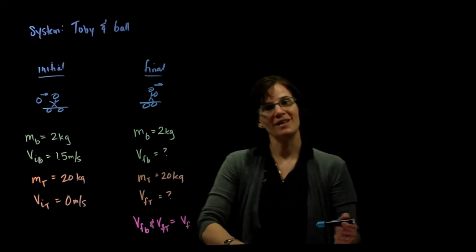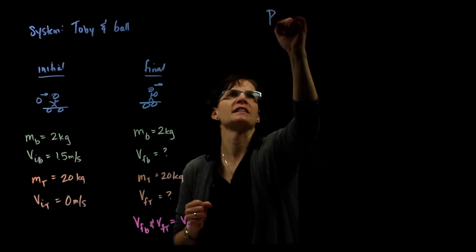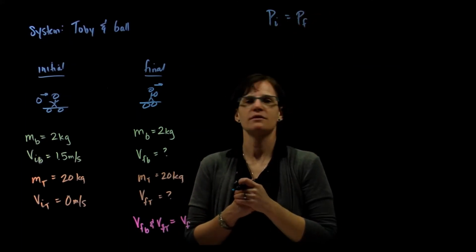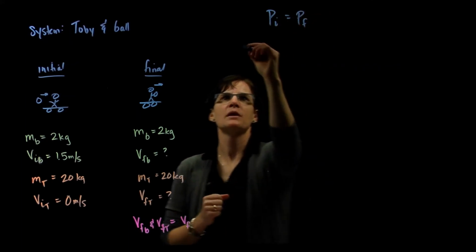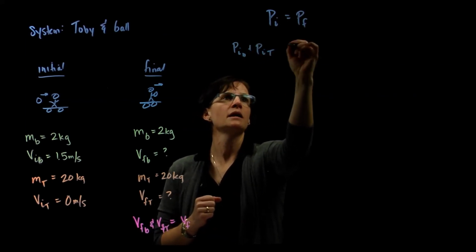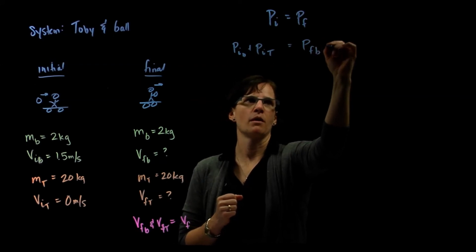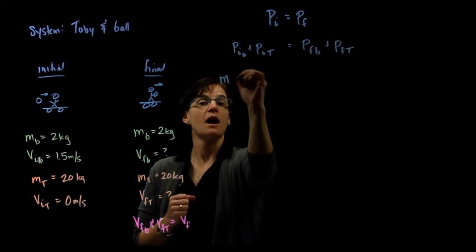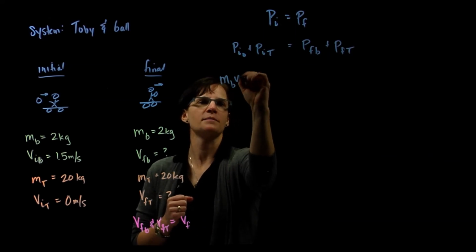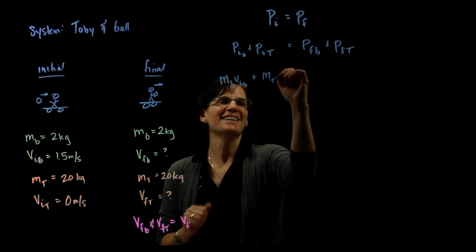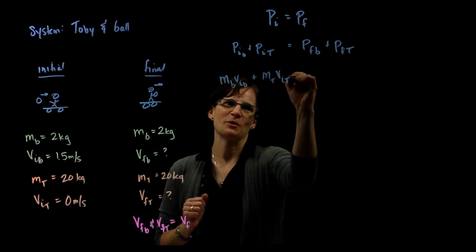Okay, so let's look at that conservation idea, which tells us that the initial momentum of the system is equal to the final momentum of the system, which is our initial momentum of the ball plus the initial momentum of Toby. That has to equal the final momentum of the ball plus the final momentum of Toby. Our initial momentum is made up of the mass of the ball times the initial velocity of the ball, and the mass of Toby times the initial velocity of Toby.